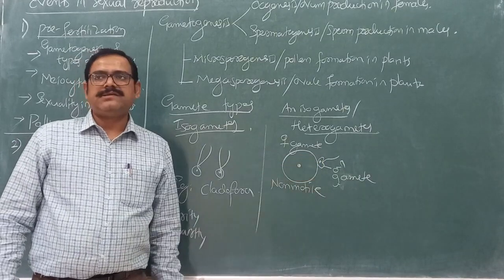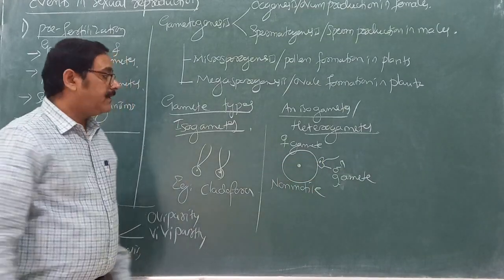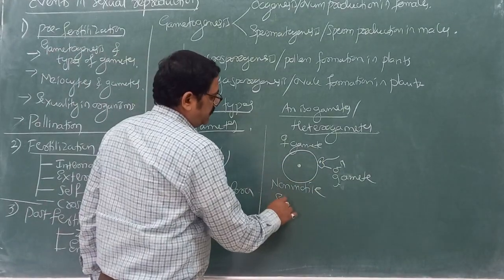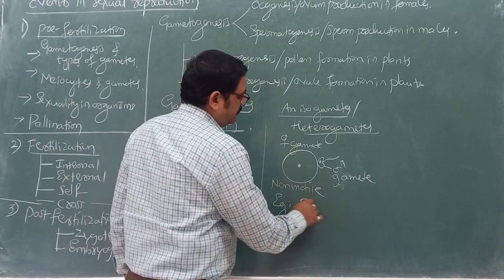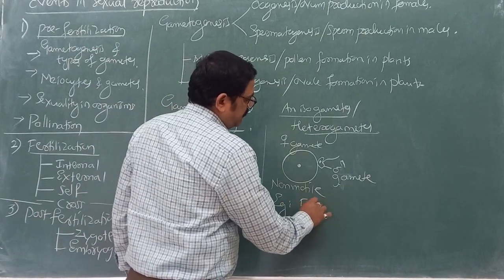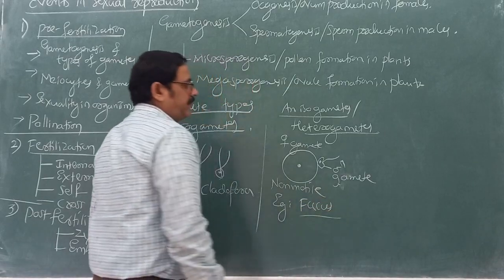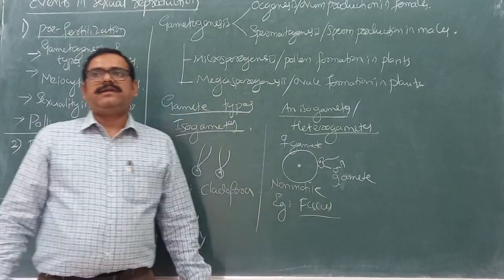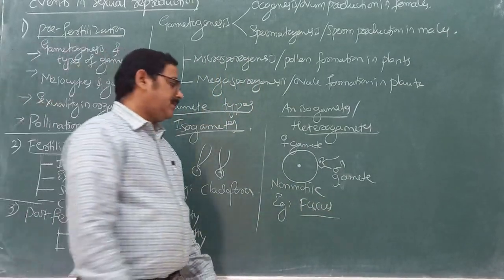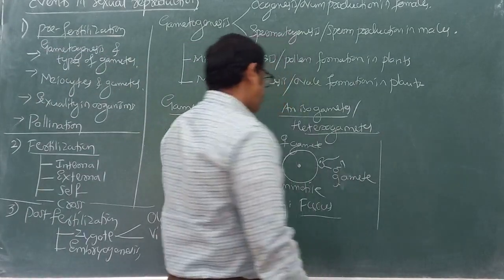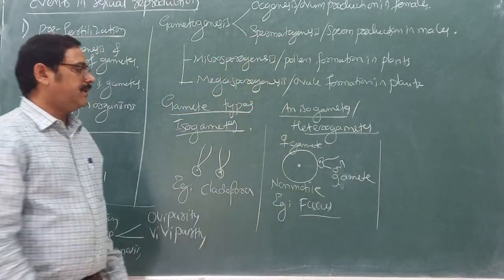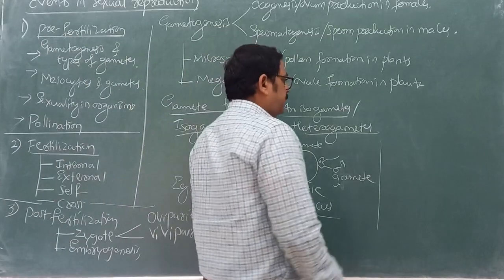Highly motile, small size gamete is the male gamete, and this is seen in the algae called Fucus. In Fucus, we can find the presence of this kind of heterogamete. Other than this, even in humans we can find heterogametes.